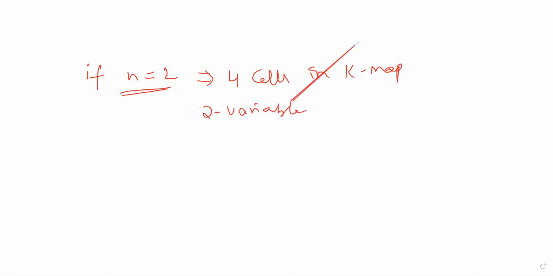Now let us consider, if n is equal to 2, then we are having 4 cells in the K-map. That means for a 2 variable K-map we are having 4 cells.